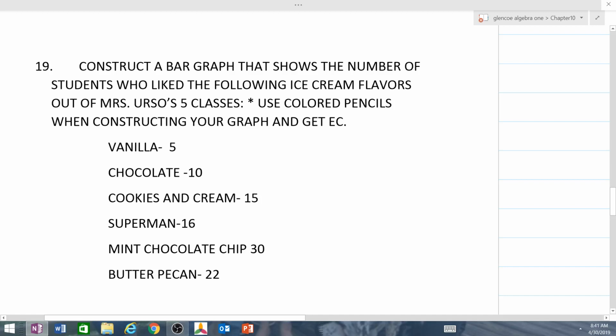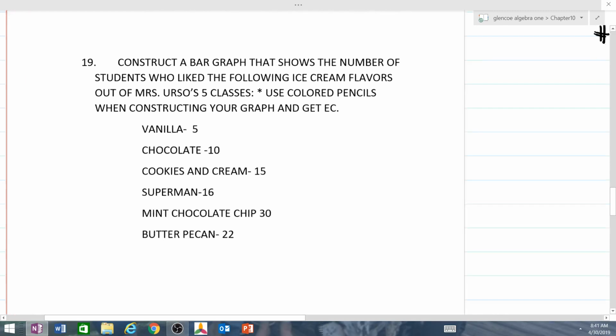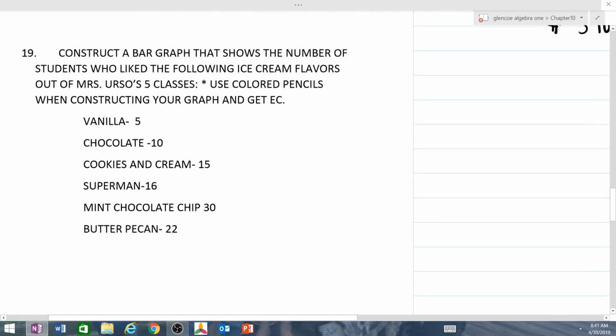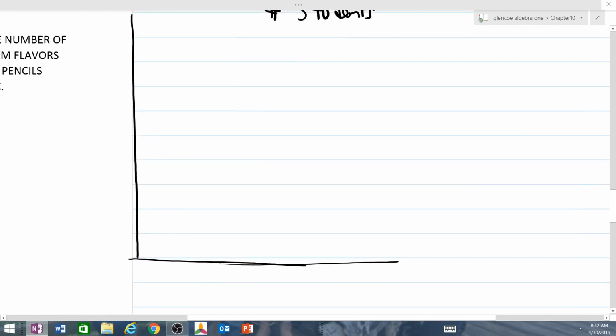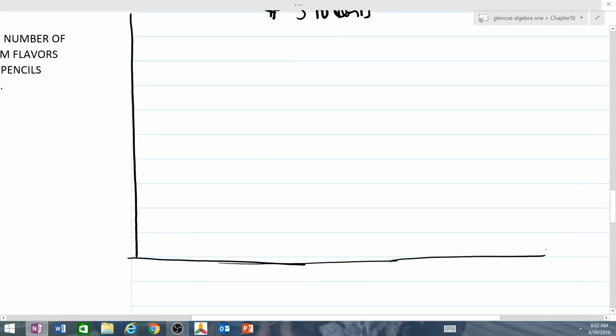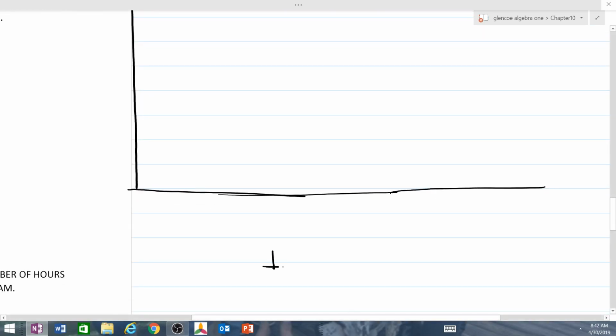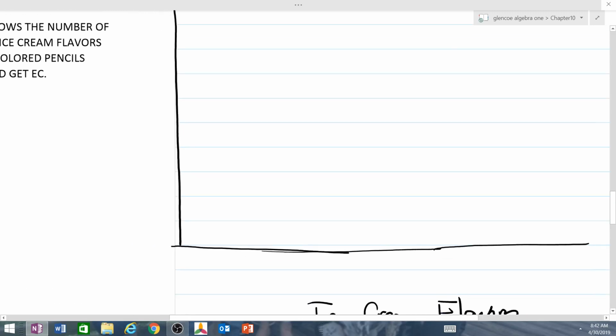So we're going to construct a bar graph. And I chose to go by 5s.